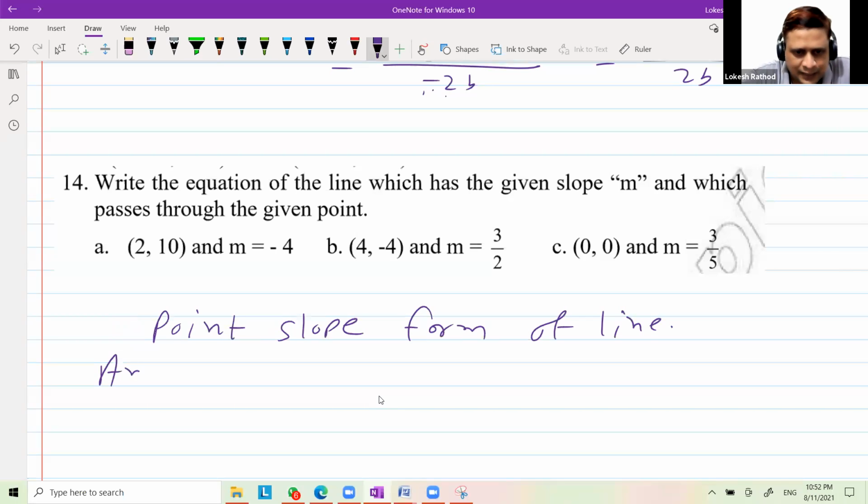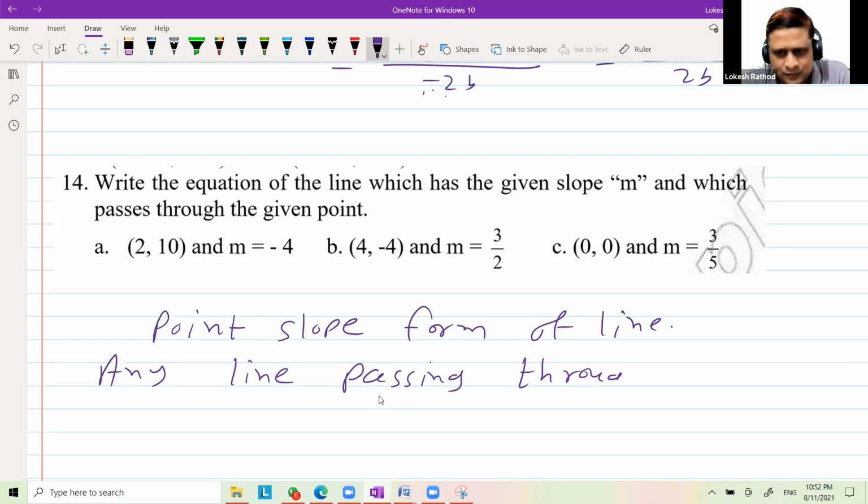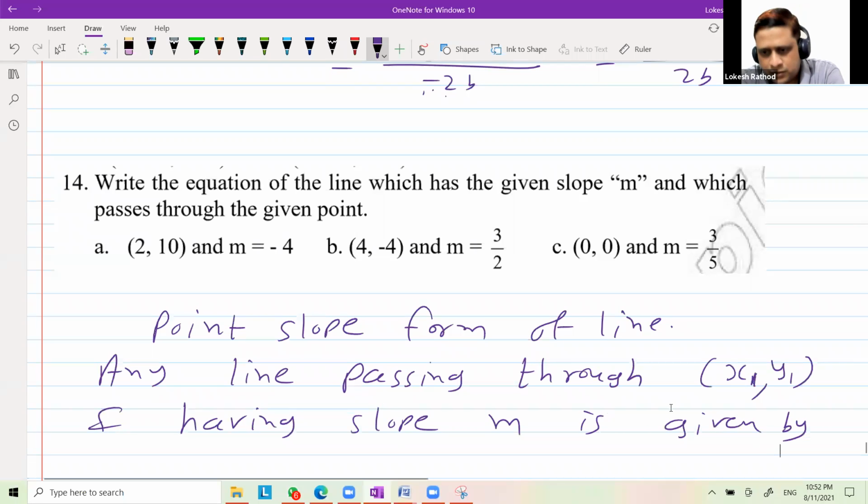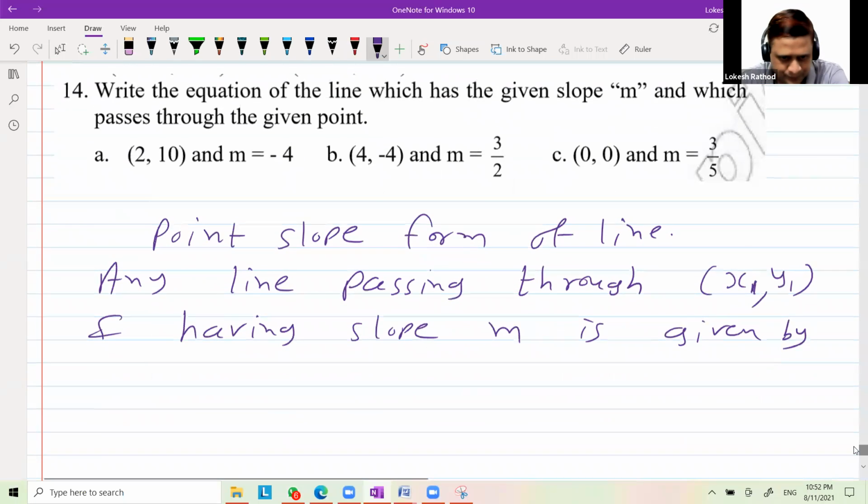Any line passing through the point x1 comma y1 and having slope m is given by an equation, and that is of the form y minus y1 is m times x minus x1.